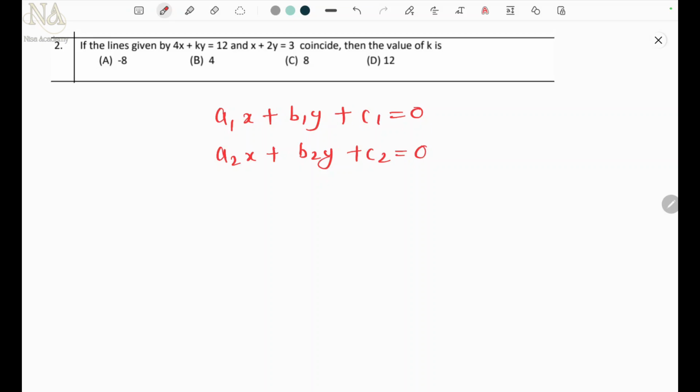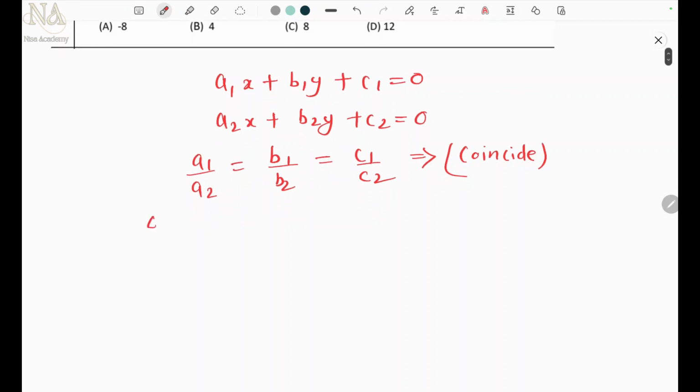We know there are three conditions: for intersecting lines, parallel lines and coincident lines. So what is the condition for coincident lines? It is a1 upon a2 equal to b1 upon b2 equal to c1 upon c2, right? It means the lines coincide, that is they have infinitely many solutions.